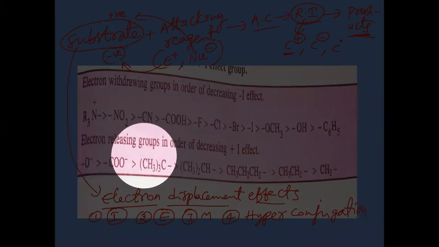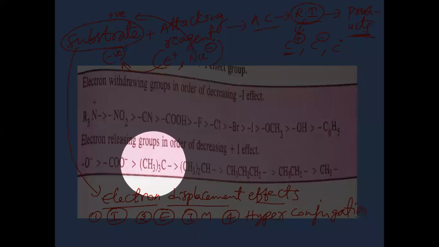Tertiary alkyl group means the carbon attached to three other carbons. How many CH3 groups are in this? Three. The carbon is attached directly to three methyl groups. That's the tertiary carbon.